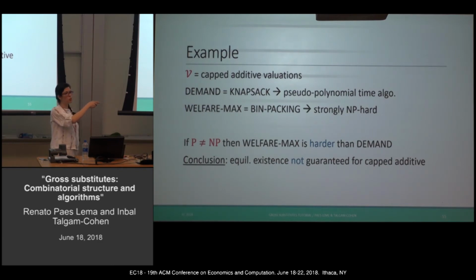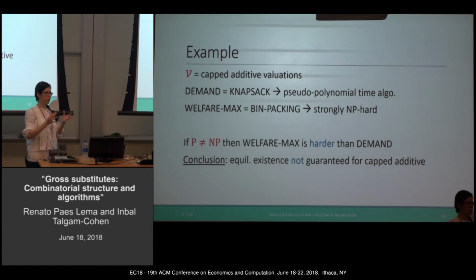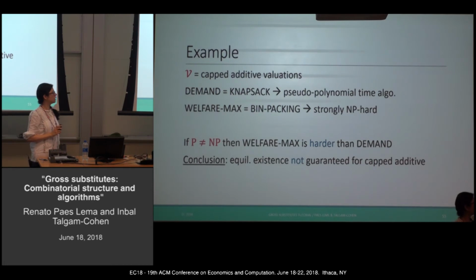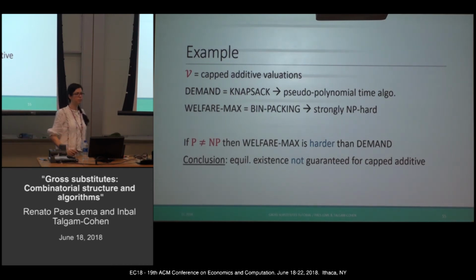If you're trying to maximize welfare with a bunch of these valuations, it's very similar to the bin packing problem, and you can show that it's computationally equivalent. This one has a pseudo-polynomial time algorithm. This one is strongly NP-hard. So we have the separation under P not equal to NP between the two computational problems, which means that there is some market with capped additive valuations that does not have a market equilibrium.